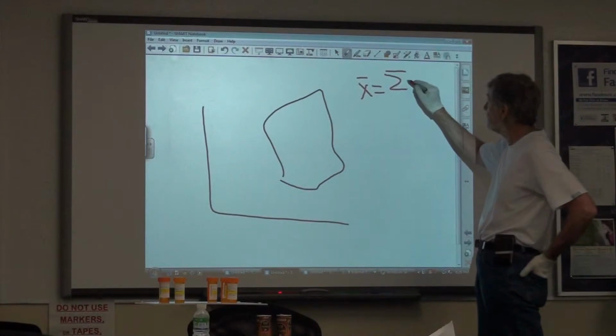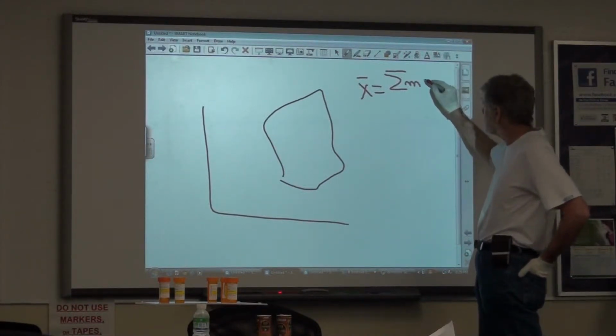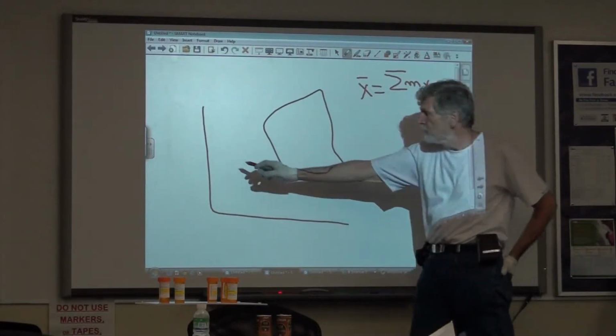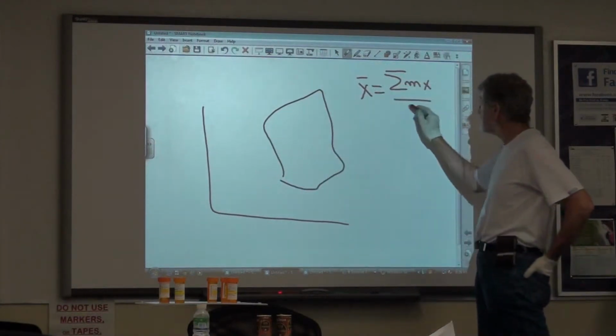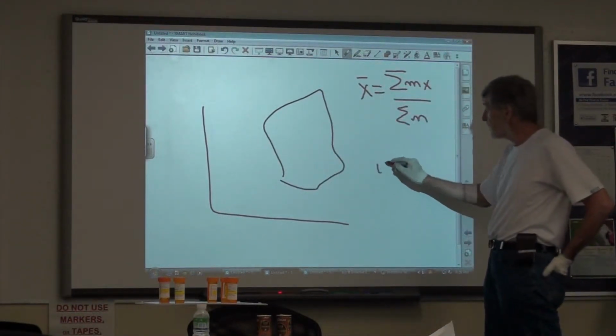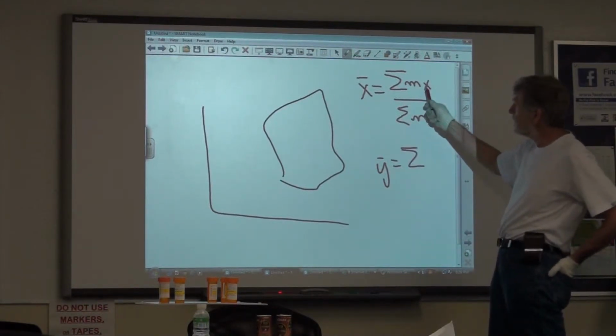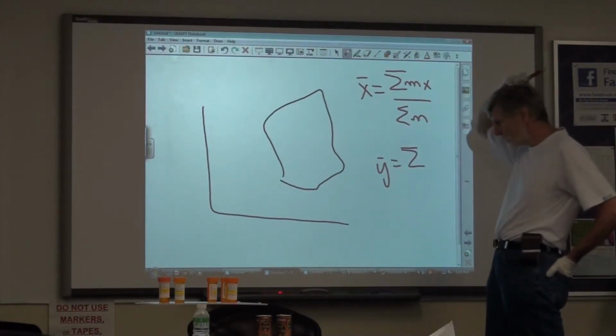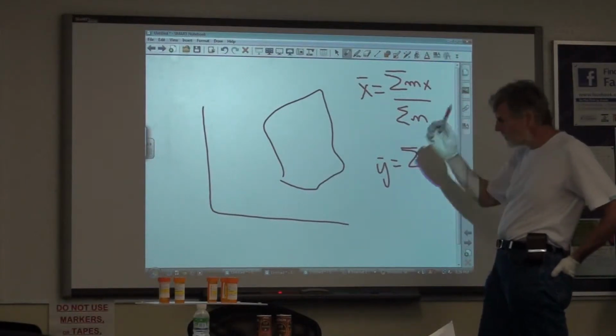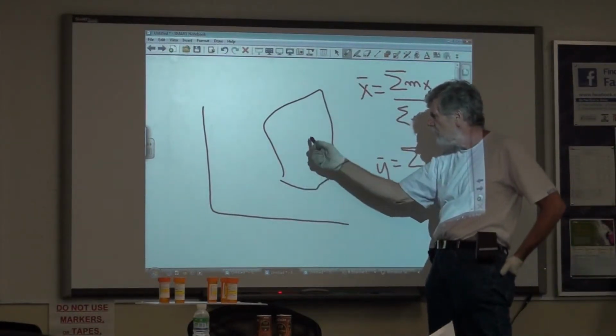x bar equals the sum of the masses times their distance to the axis divided by the sum of the masses alone. So x bar is the location of the x center of mass.